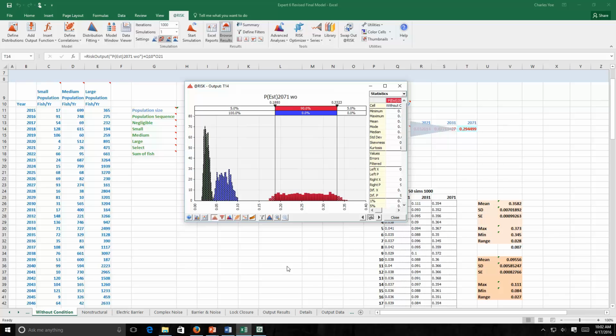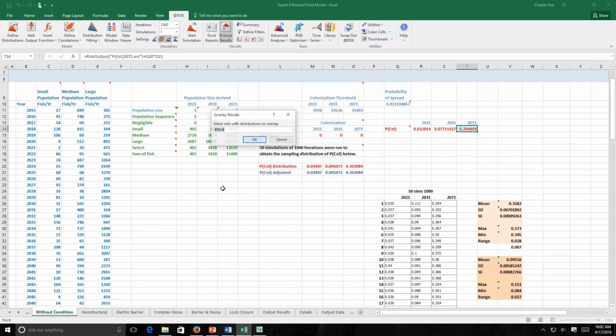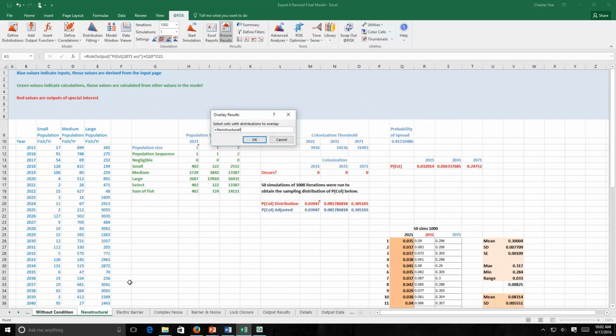Okay, so let's clear these overlays, and let's take a look now at what happens when we look at other scenarios. So this is the probability of establishment under the without project condition. Let's compare this to the non-structural.